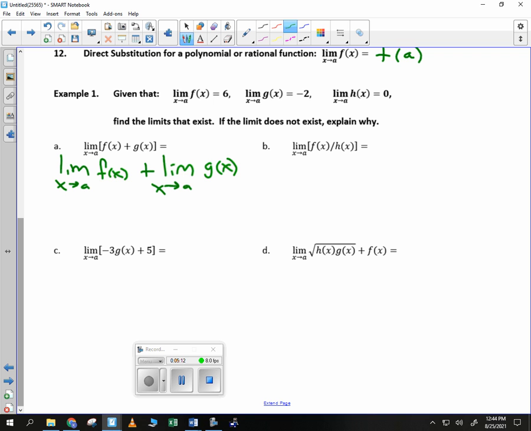I could take this addition and separate it into two parts. True or false? We know the limit as x approaches a of f of x. What is it? 6 plus negative 2. So the answer is 4. Yes.